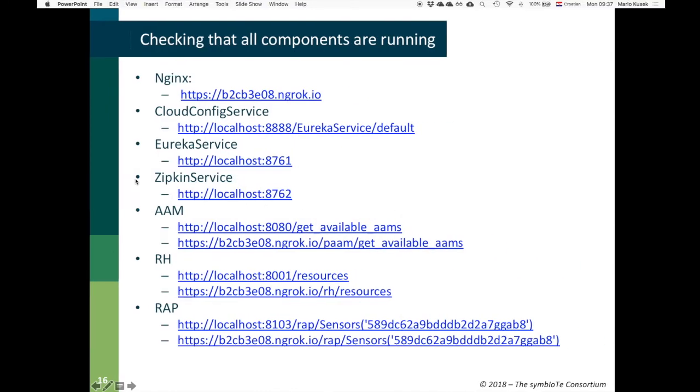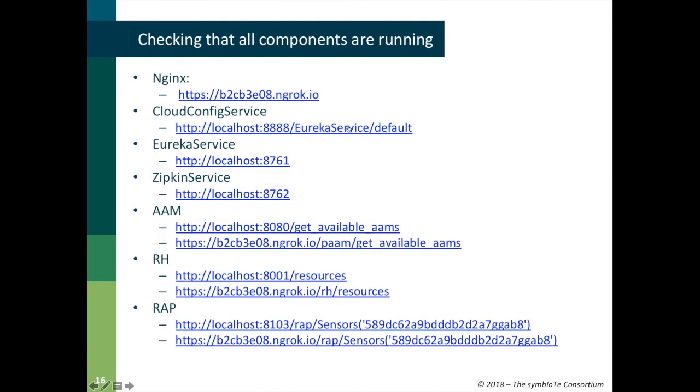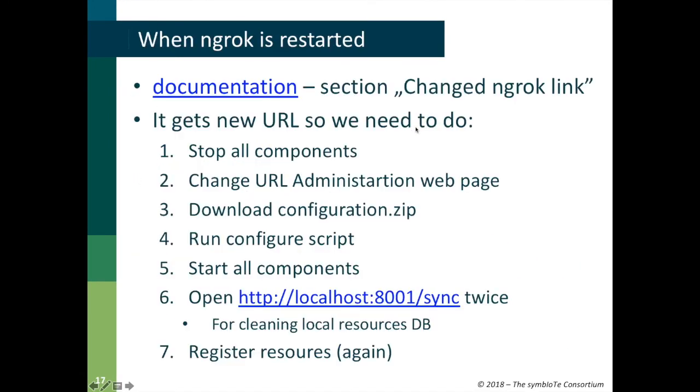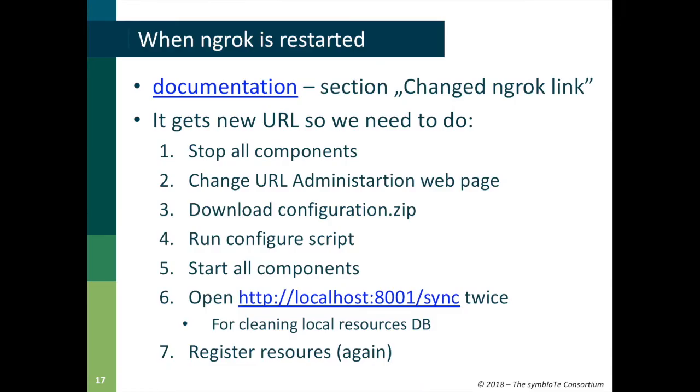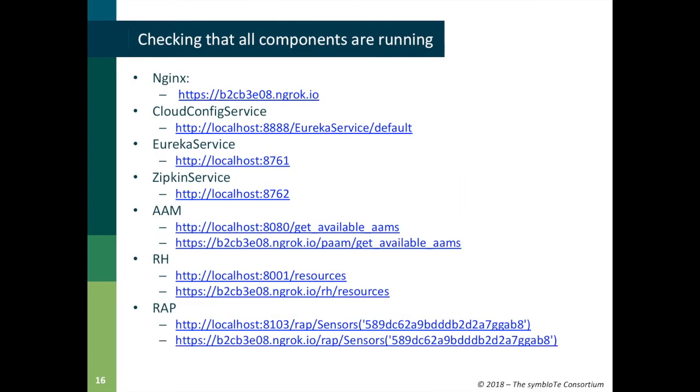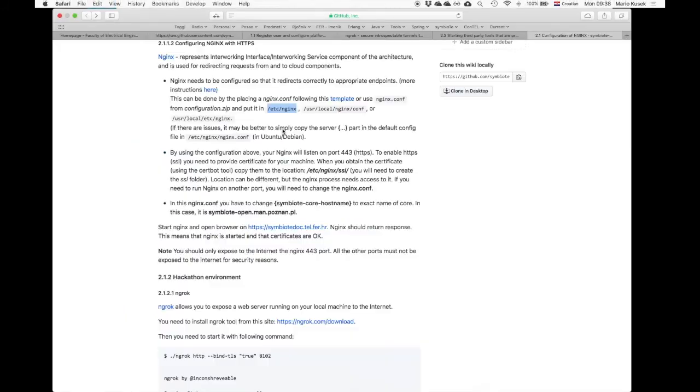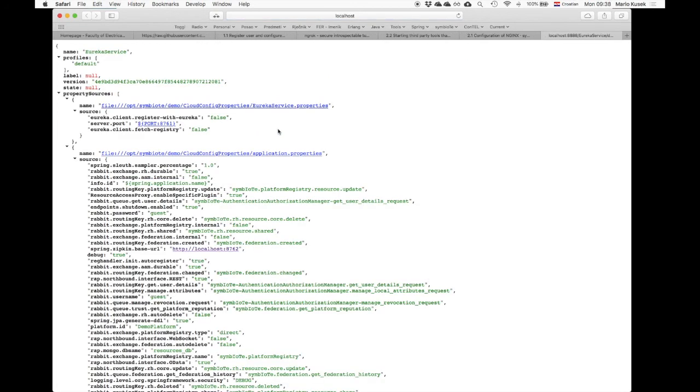Then let's check the other components, cloud config service. It is local, localhost 8080. So if we go there, we'll see JSON. If we get JSON, it means that the cloud config service is running.